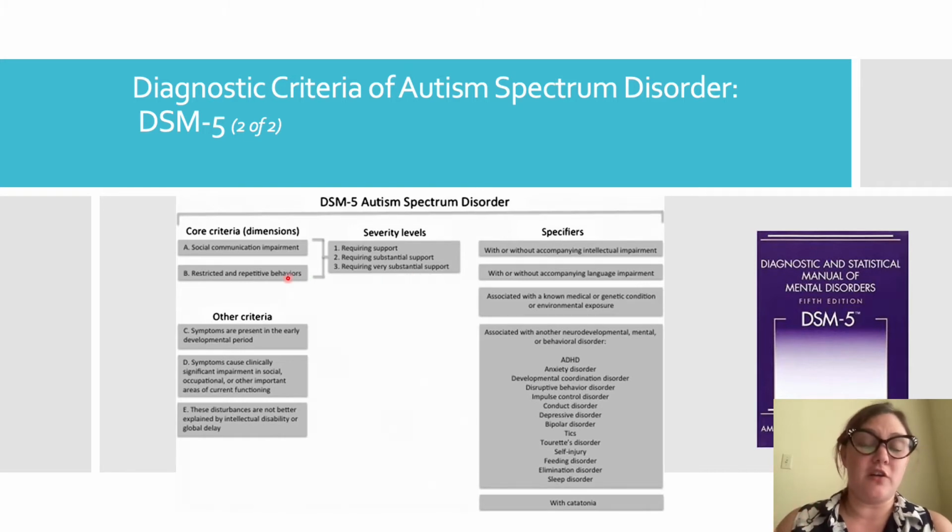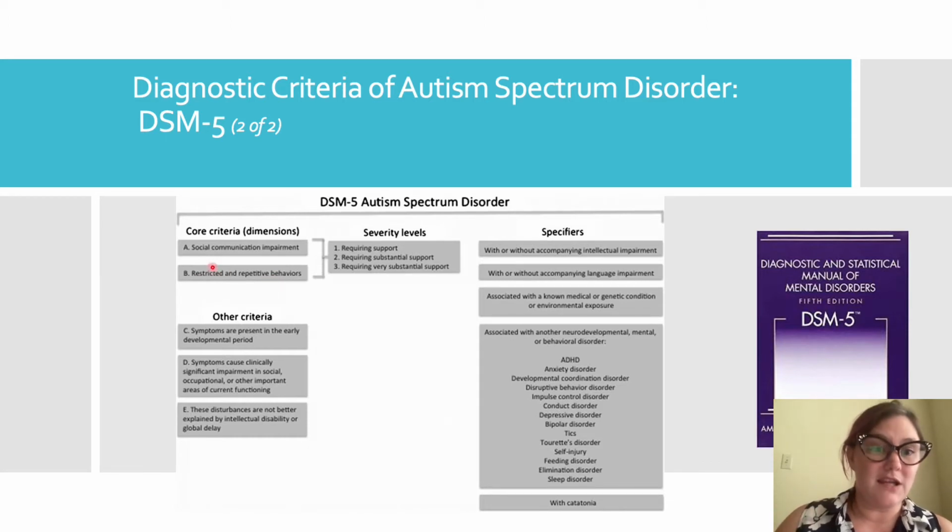For an autism diagnosis, like I said, you'll see a severity level for social communication, and then you'll have a severity level for restricted and repetitive behaviors. So you'll see 2 severity levels.